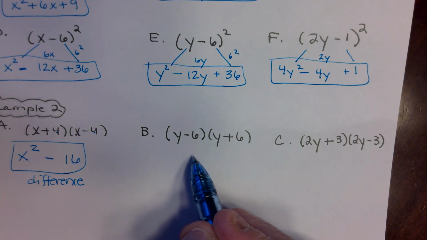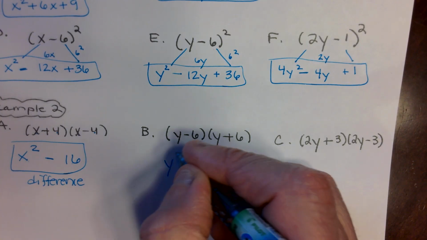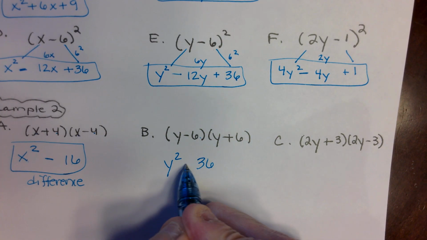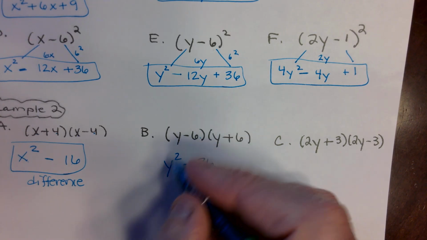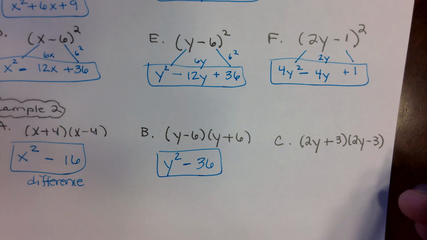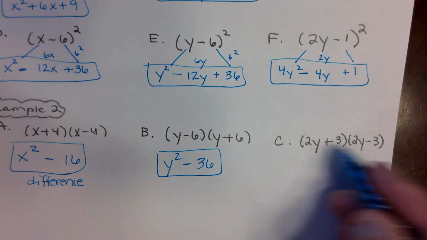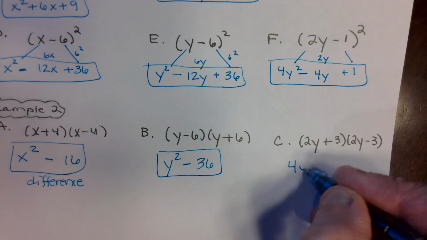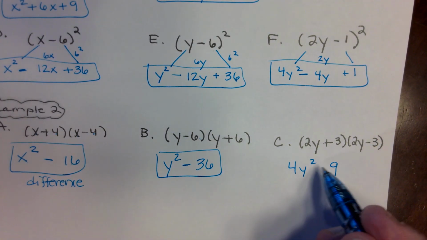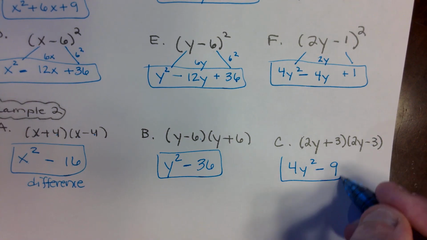Y times y, y squared. 6 times 6, 36, and it is minus. Two y times 2y, 4y squared. 3 times 3, 9, and it's minus.